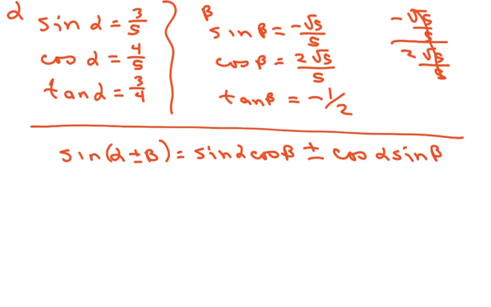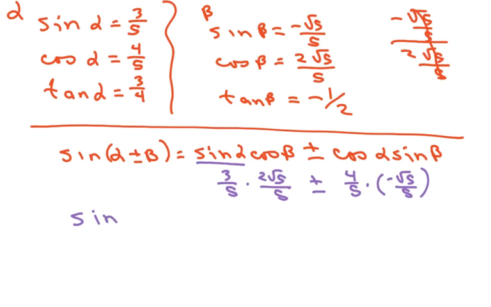Now plug everything in. So sine of alpha is 3/5. Cosine of beta is 2 square root of 5 over 5. Plus or minus cosine of alpha is 4/5. And sine of beta is negative square root of 5 over 5. And then you simplify that.